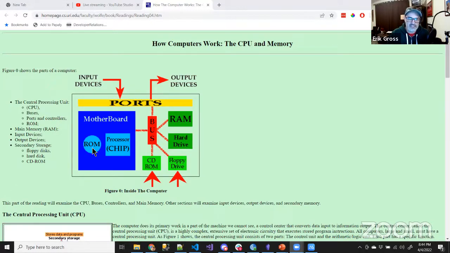Because it needs to get up and running without human interaction, they call it bootstrapping the computer. In other words, the computer gets itself moving and ready for work without human intervention. And it got shortened to boot the computer or boot up the computer. But that's the origin of it.